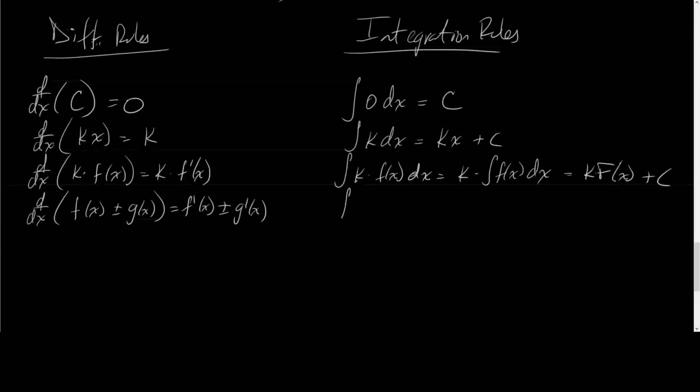Well, similarly, that applies over here. If I have the antiderivative of f of x plus or minus g of x dx, well, I would end up with capital F of x plus or minus capital G of x plus c, right? Essentially, I can split up the integral.